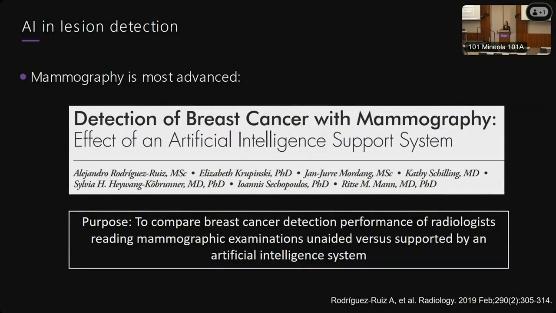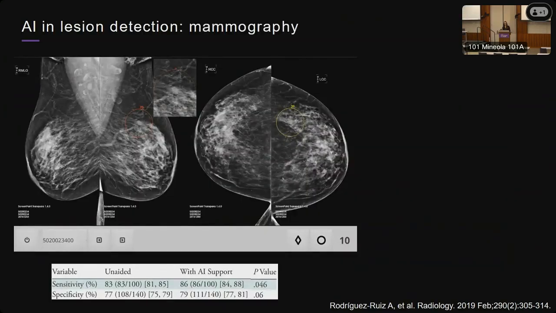Mammography is the most advanced of our imaging tools because it's been around the longest and we've done the most research with it. This is a really impressive study, one of the first big studies from the Netherlands, where they basically trained an AI to read mammos and then compared it to radiologists. So this is what their tool looks like.